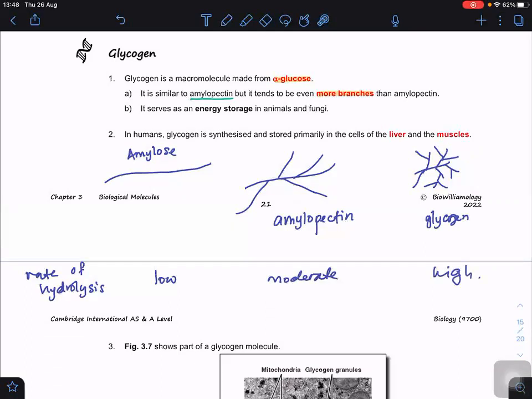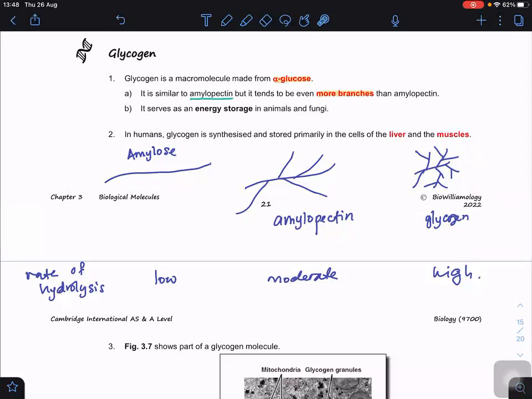Because if you look at where we store it, glycogen is stored in animals, in animal cells, primarily in the liver and also the muscle cells. Those are very active cells that require a high supply of glucose. So we cannot wait slowly to hydrolyze amylose to provide the cells with glucose. Too slow. The liver cells and muscle cells cannot sustain that.